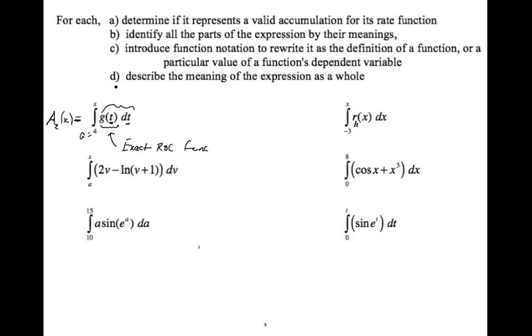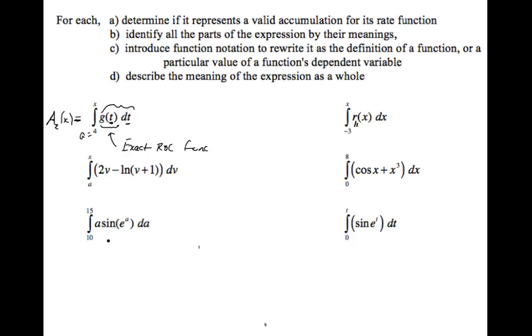Okay, let's look at this one down here. So for this one down here, first of all, is it a valid expression? Yes. Is it a valid expression? Okay, so maybe let me ask this question. Is it a function?